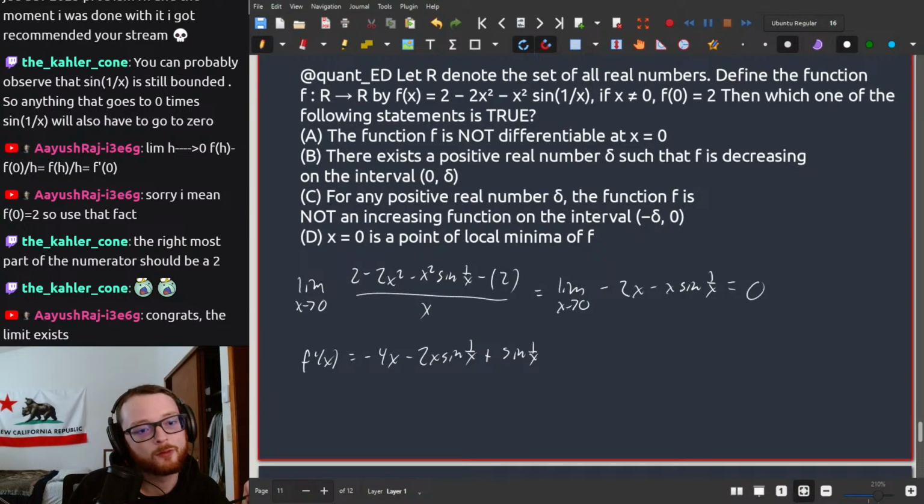So if x is a small positive number, that's negative. Sine of 1 over a small positive number is a small positive number. Wait, no, that's a big number. Nope. I was saying that sine of x is going to be about x, but that's not true here. That's more like sine of infinity.